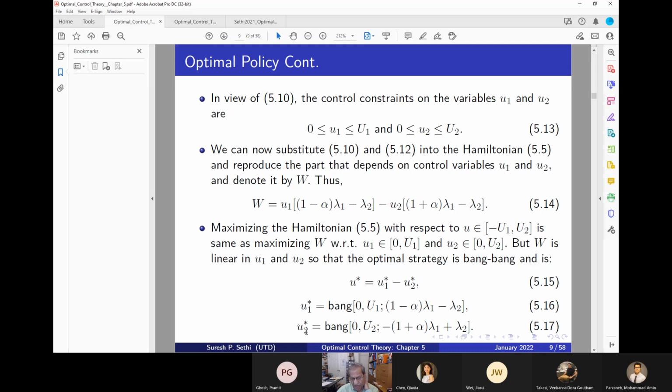Here's U2 star, bang, 0 or U2, depending on this quantity. You might take the minus on this side, so that this becomes minus 1 plus alpha lambda 1 plus lambda 2, depending on this quantity being negative or positive. So we have the form of optimal control.